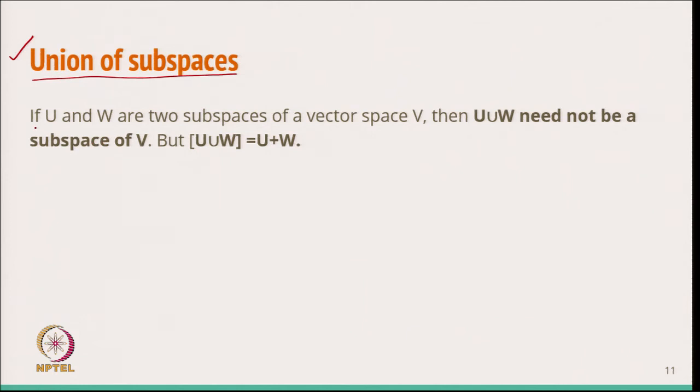So, if I choose U and W as two subspaces of a vector space V, and I define U union W, then it is written that it need not be a subspace of V. But if I take the span of this one, then we already know this is going to be U plus W.